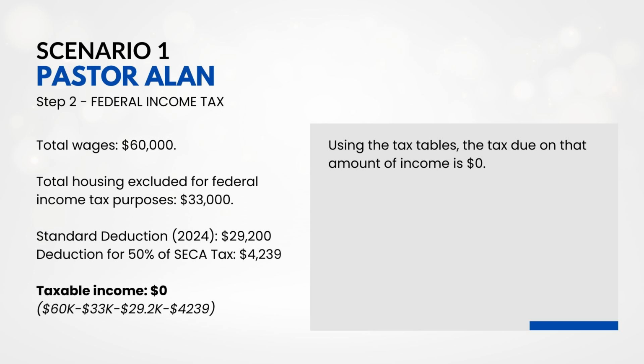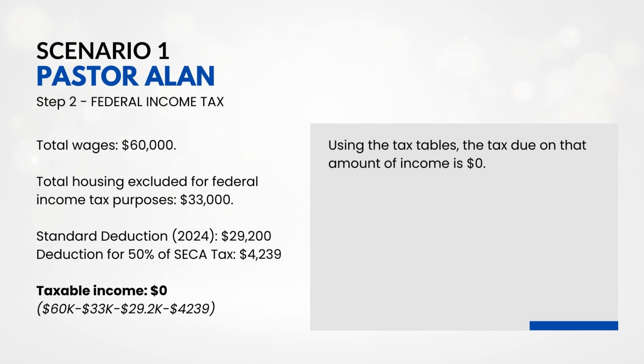Allen and his wife also are eligible to receive the standard deduction. In 2024, that is $29,200 for a married couple filing a joint tax return. The standard deduction is an amount of money that the IRS allows everyone to earn before wages start getting taxed. But it doesn't have anything to do with the fact that you're a pastor.